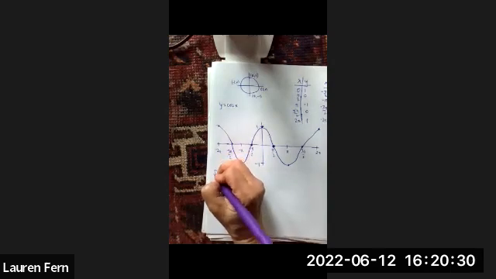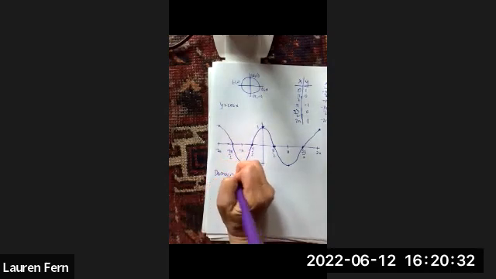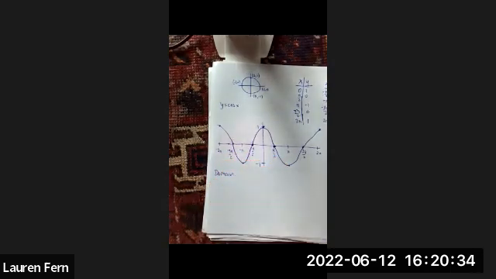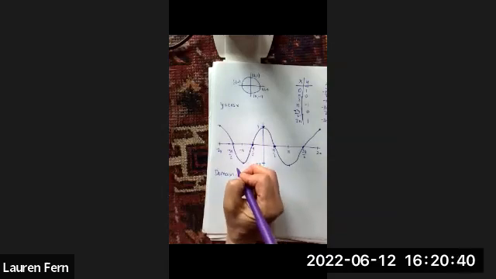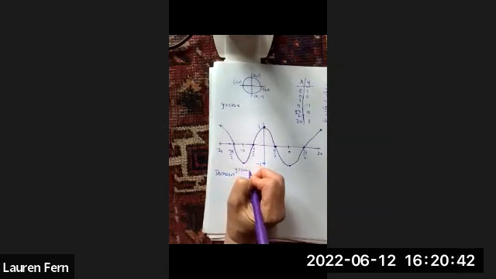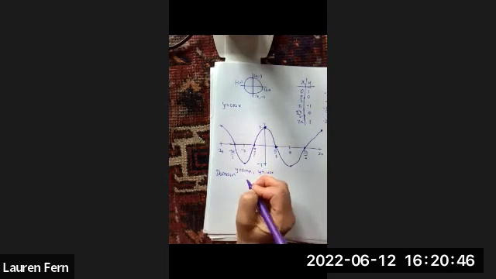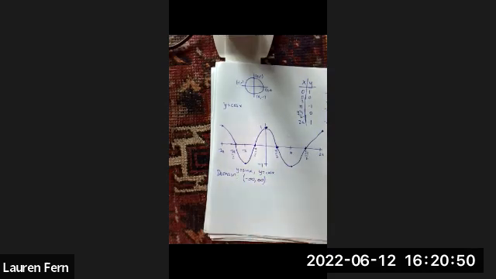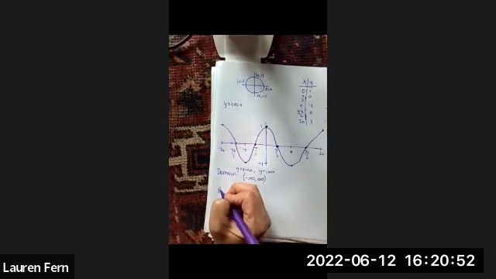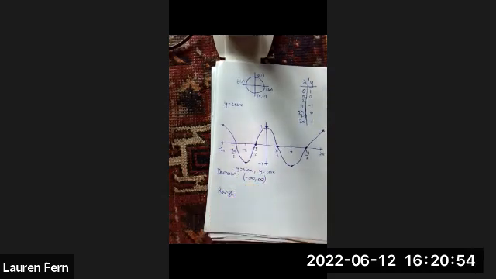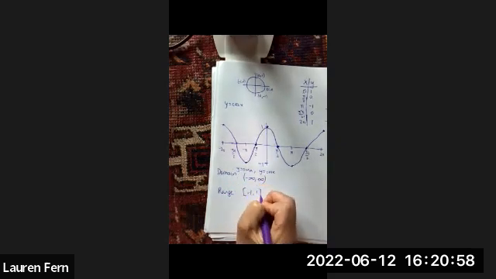The domain of these functions, we're not limited by what we can plug in. We can plug in anything we want. So this is true for the sine and our cosine graph. The domain is all reals, or you can say negative infinity to infinity. Our range, in other words, our outputs, are from -1 to 1.